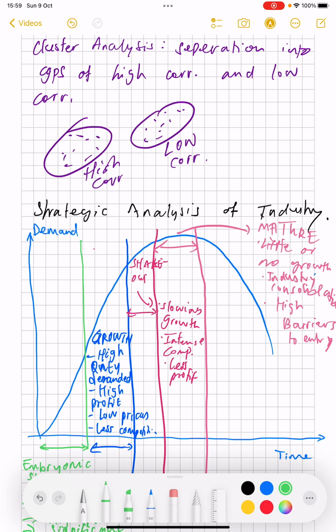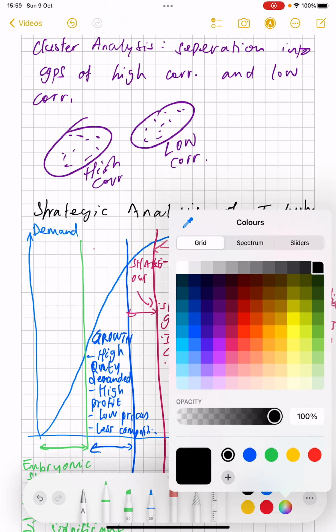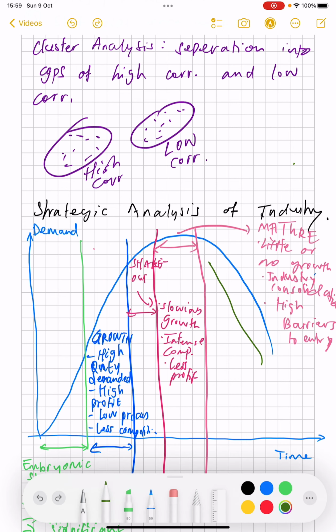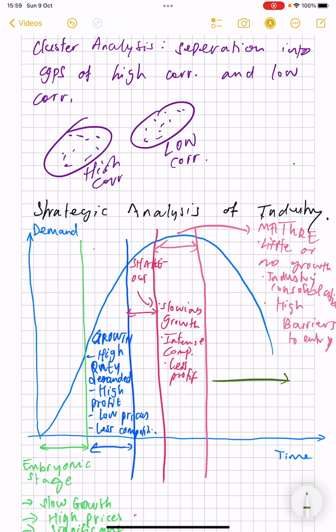Now the rest is a decline. This means negative growth, excess capacity, and high competition.